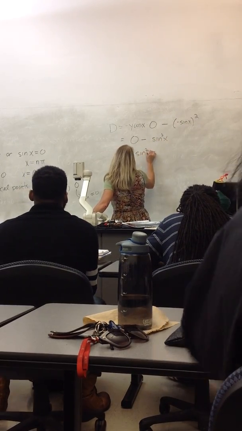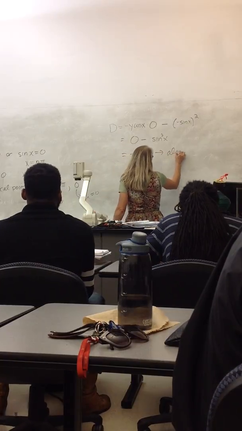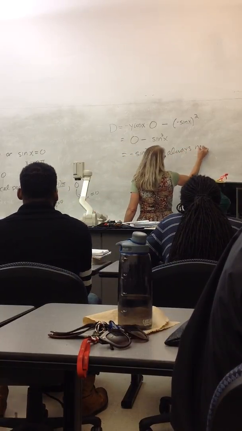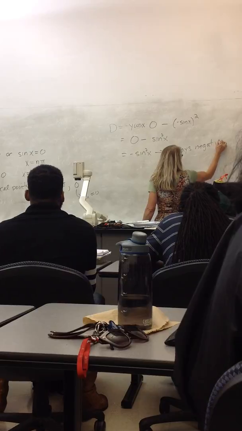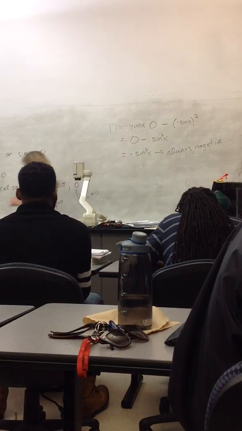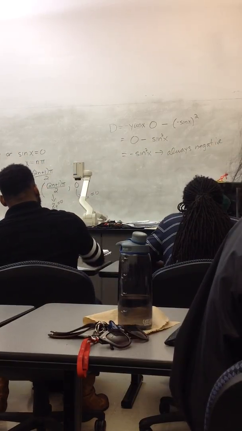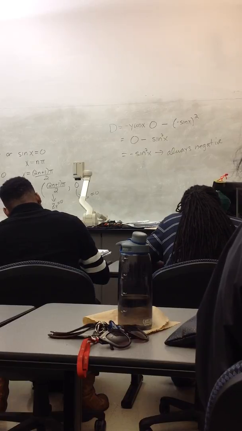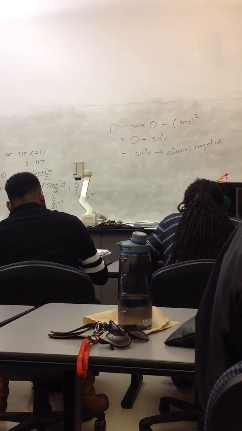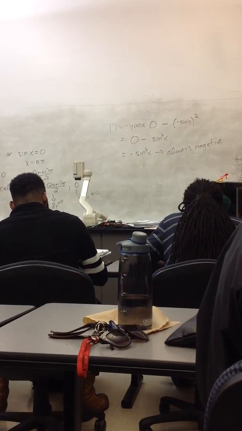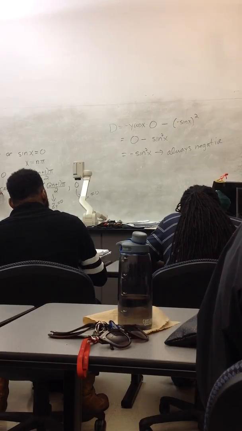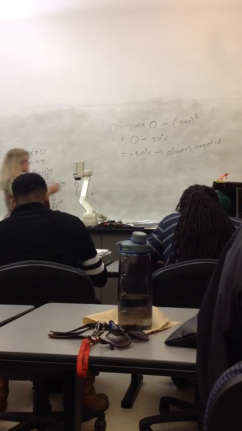And so negative sine squared is always negative. So no matter what you plug in for x and y, if D is always negative, what does that tell you occurs at every one of my infinitely many critical points? Saddle points at every one.